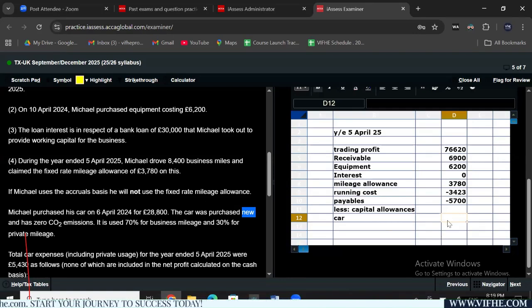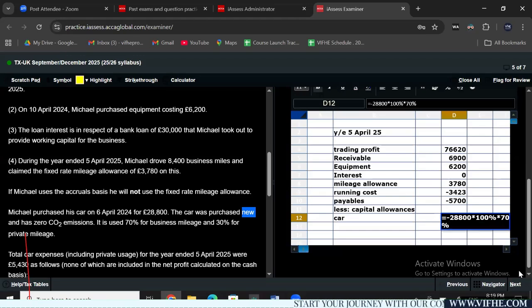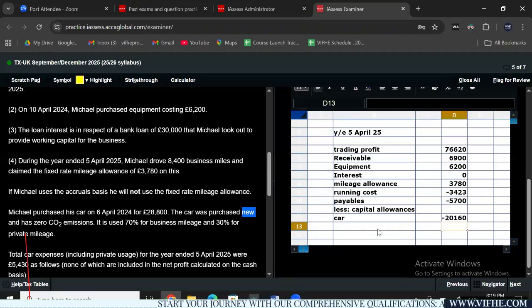I'm going to start my calculation with the sign of minus because it is capital now, so it is deductible. So on 28,800, 100% first year allowance will be applied, but eventually we will end up claiming 70%, being the business proportion of this allowance only. So that's going to be £20,160.